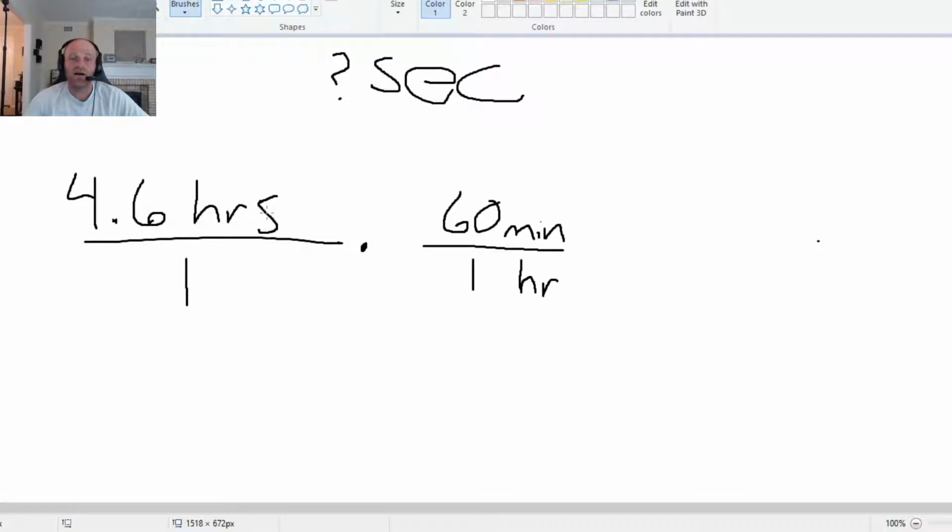But now since I have an hour up top and an hour on bottom, those cancel out, and now I'm just left with minutes. So this would be 4.6 times 60 equals 276 minutes. And you see how I have the minutes left here up top.